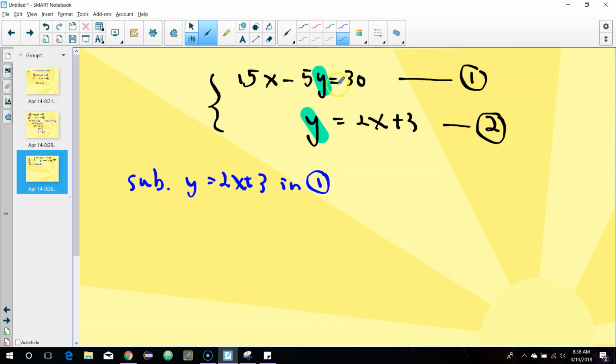So I'm just going to copy the equation: 15x minus 5. Now, my y is a little bit different now. My y is no longer just y. My y is going to be this whole lot of things. So 5 times this 2x plus 3 is equal to 30.